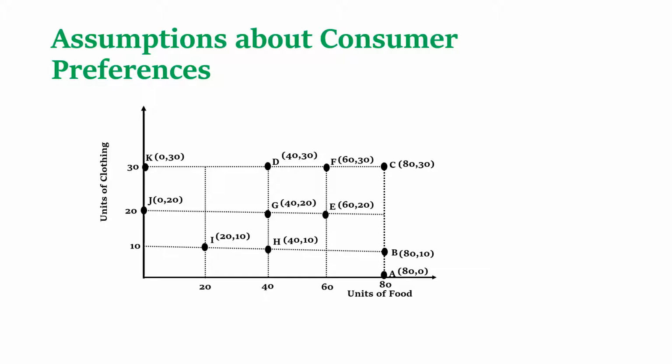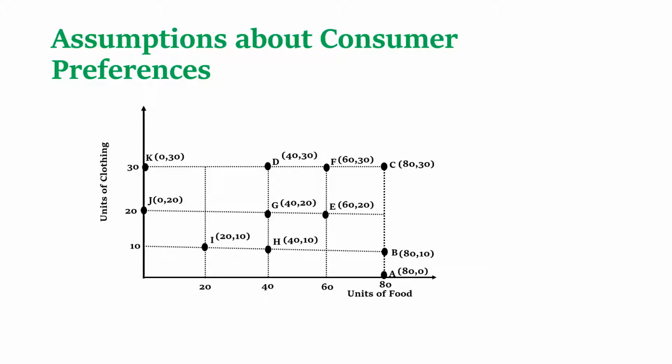So in bundle B, the individual gets 80 units of food and 10 units of clothing. But at bundle C, the consumer gets 80 units of food and 30 units of clothing. So bundle C is preferred to bundle B because with bundle C, the consumer gets more of one good, which is clothing.